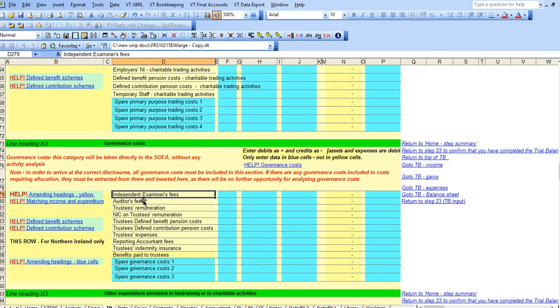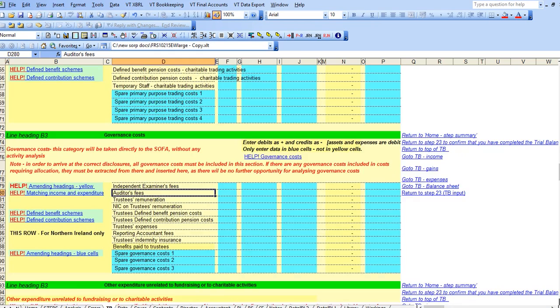These are things like auditors' fees, examiners' fees, not fees that are paid to other people to help manage the charity. For example, you might pay an auditor a fee to do accountancy work. That wouldn't be governance costs. That would go into the headings up here. So be very careful about what you actually put into governance costs.